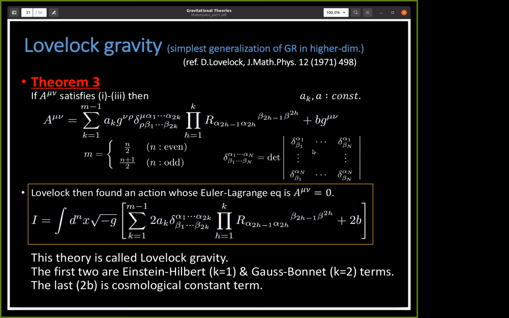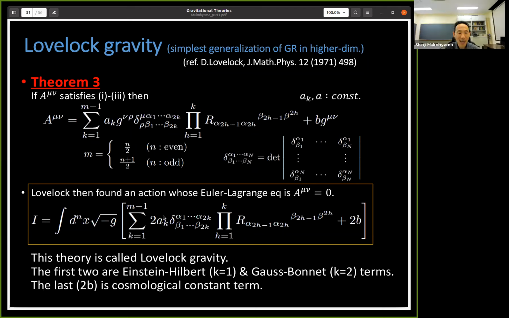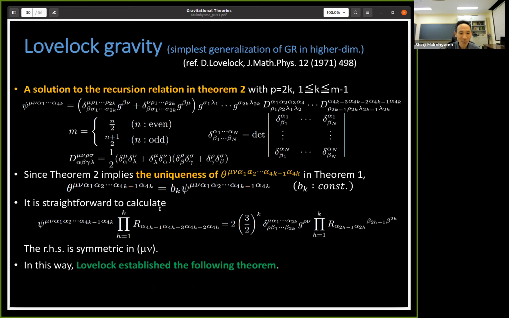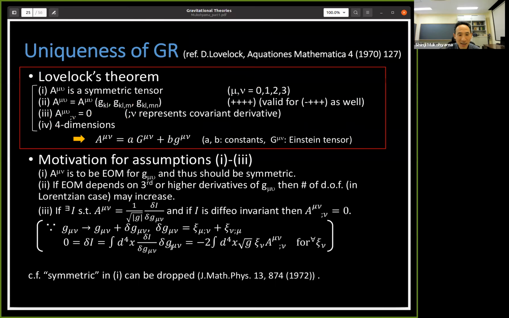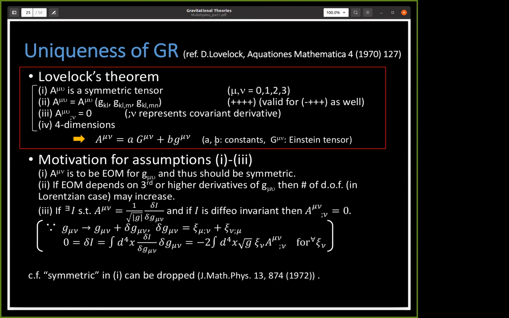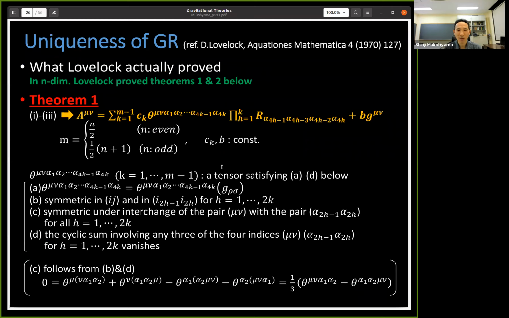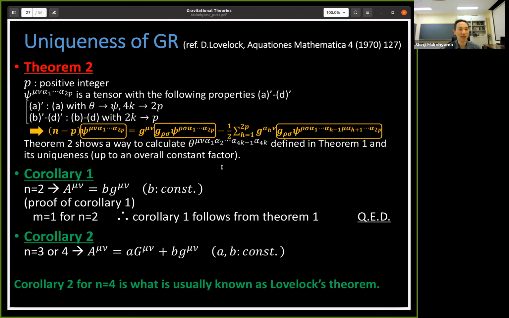But a_k is an arbitrary coefficient. It's just a constant. For example, in the case of general relativity in 4 dimensions, this is an arbitrary constant, the Planck scale and the cosmological constant. They're not fixed at all, they're just arbitrary constants.